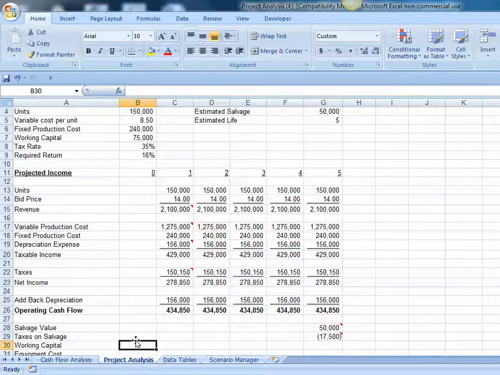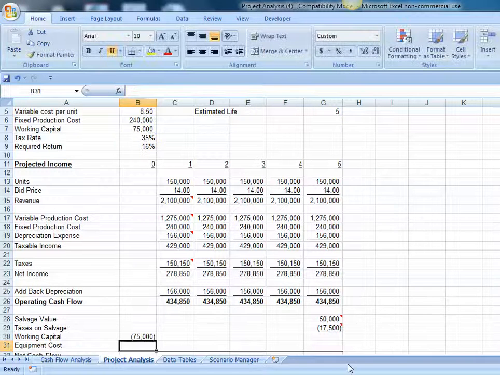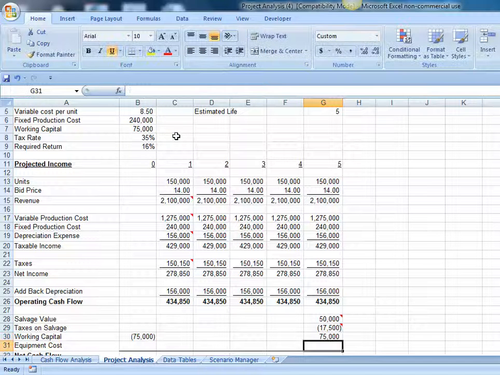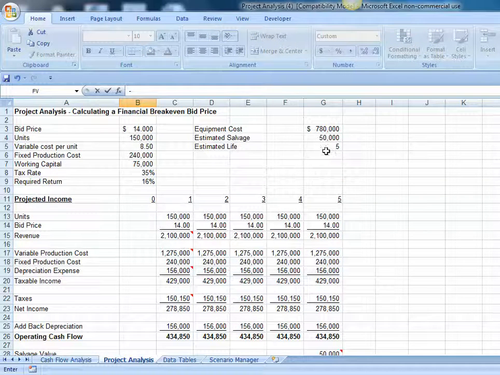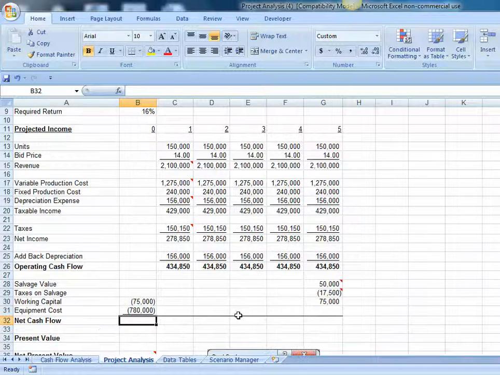Working capital. We have a cash working capital outflow of $75,000 at time 0, and we will recover our working capital at the end of the project. Equipment. We had a cash outflow of $780,000 at time 0. Let's go ahead and calculate our annual cash flows.